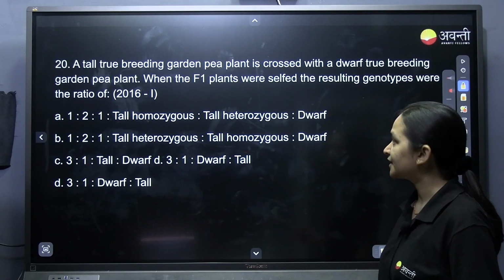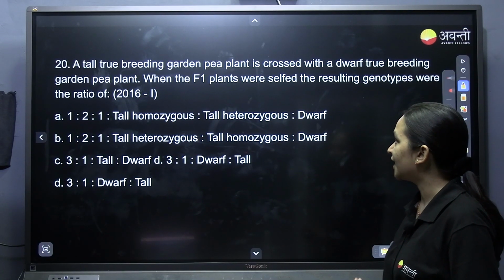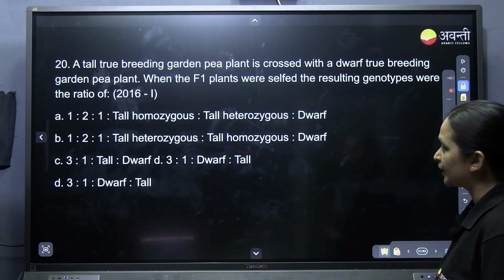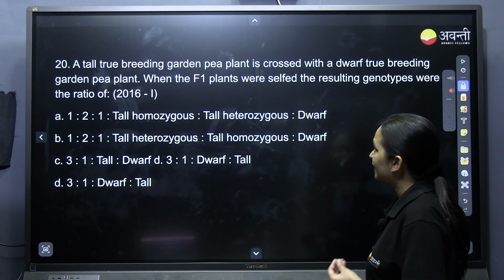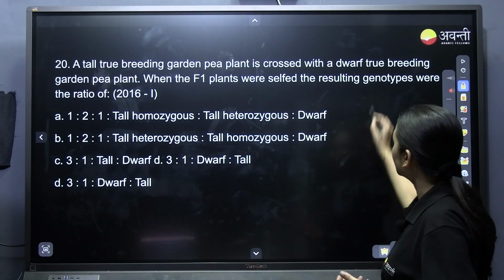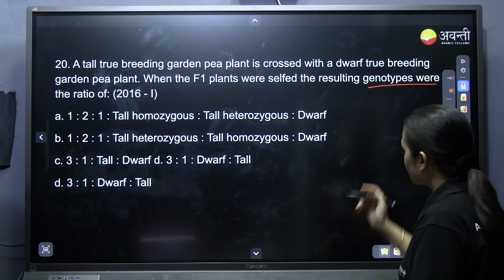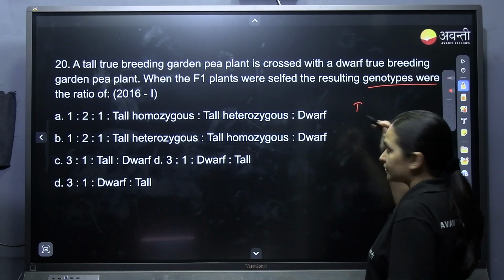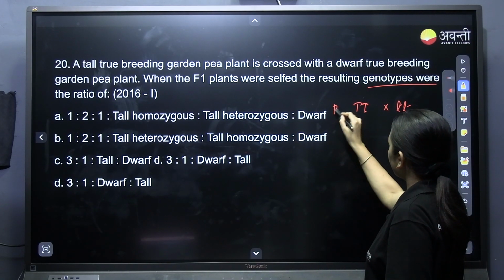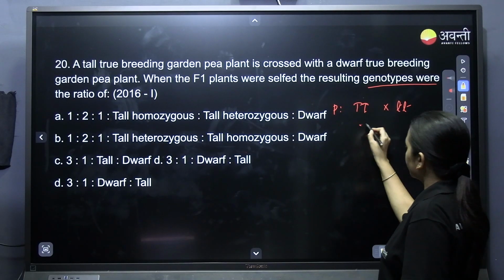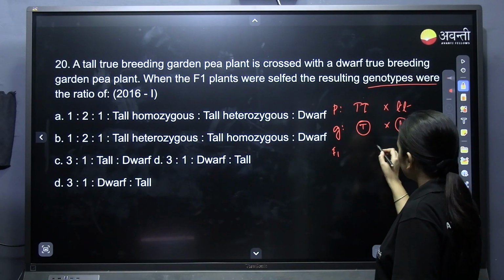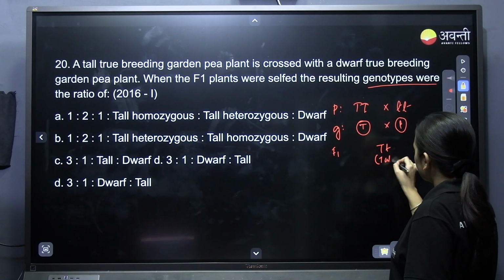A tall true breeding garden pea plant is crossed with a dwarf true breeding garden pea plant. When the F1 plants were selfed, what is the resulting genotypic ratio? It is a basic monohybrid process: the parents are homozygous tall and homozygous dwarf, T T and t t, and their gametes. The F1 generation is all tall, 100% tall.